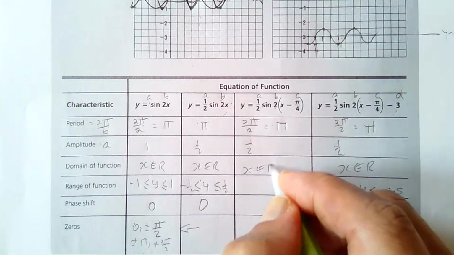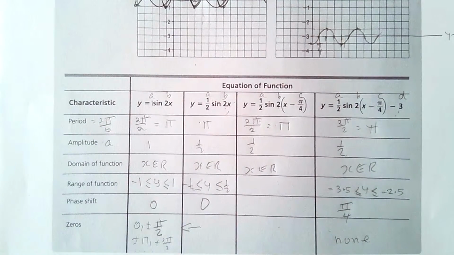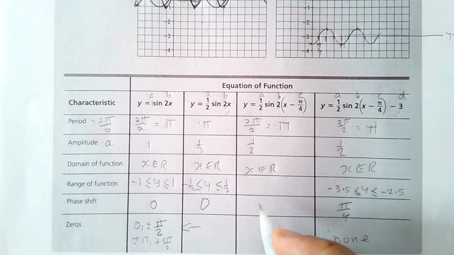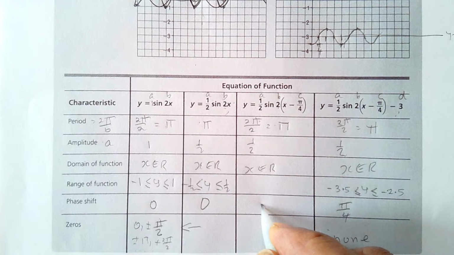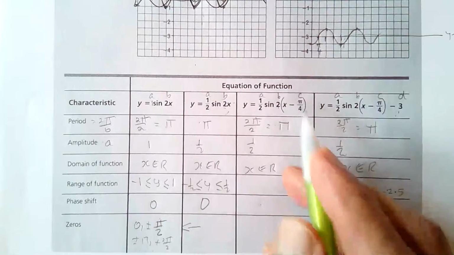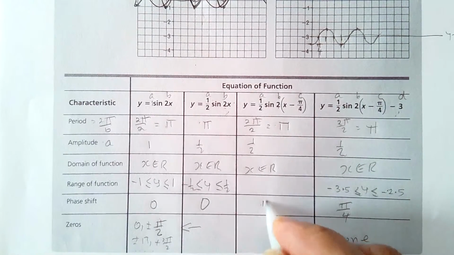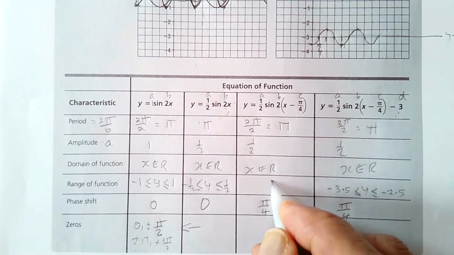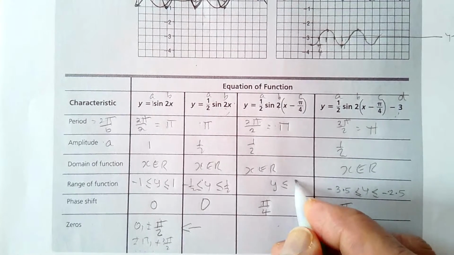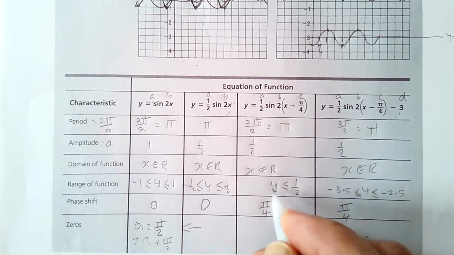We know x is a set of real numbers. And we have the phase shift here is pi/4. The range is from a half to -1/2.